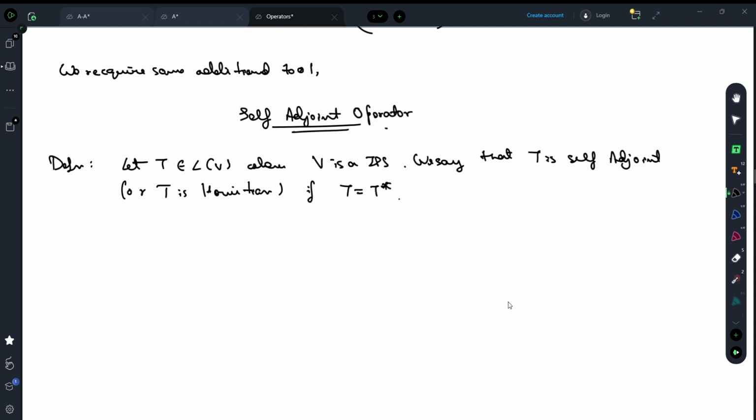In a way, if I talk about the matrix analog of this definition, then I guess you have already understood why I use the term Hermitian.